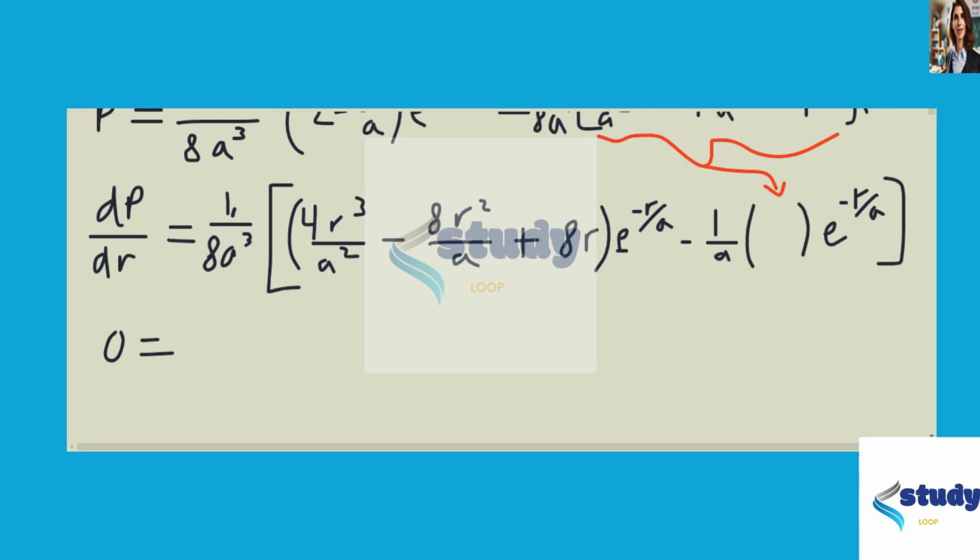So what we have here is the terms: r cubed over a squared minus r squared over a plus r, times minus 1 over a, and let's look at those values.